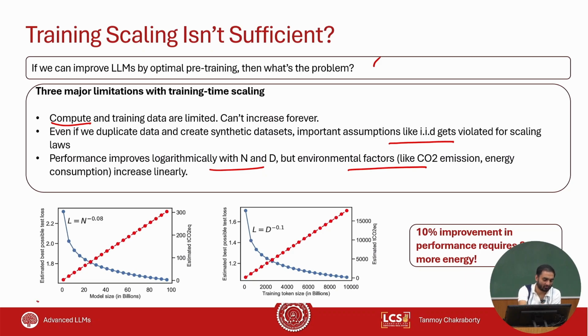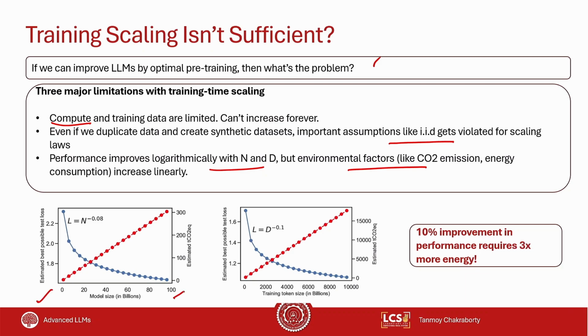If you look at this figure, the x-axis is the number of parameters, the left y-axis is the test loss, and the right y-axis is the CO2 emission. As the loss decreases, CO2 emission also increases. This is true for the model size, and it is also true for the dataset.